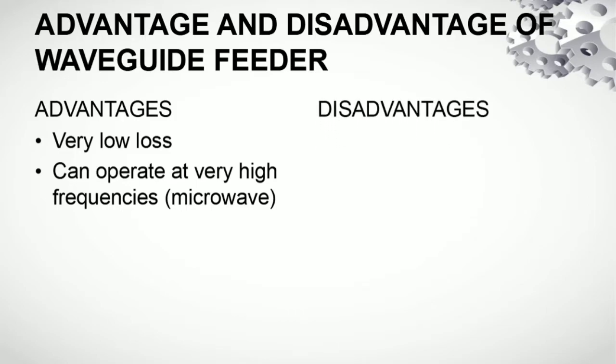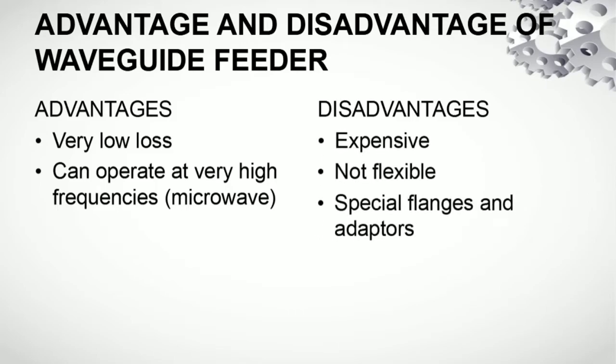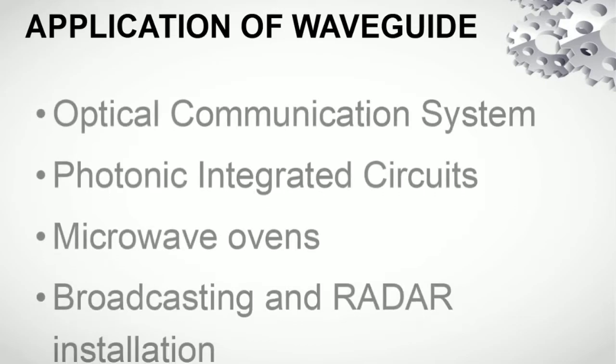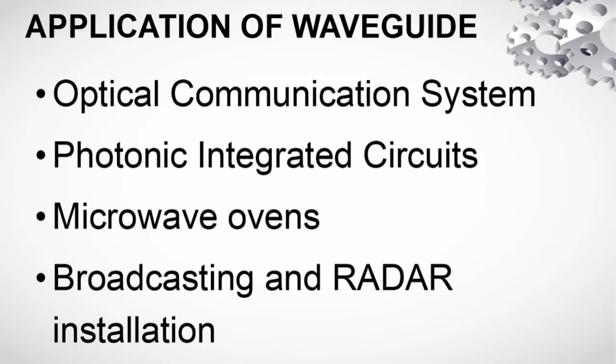For the disadvantages, it is expensive, not flexible, and needs special flanges and adapters. For the applications of waveguide, the first one is the optical communication system. This one is used in optical communication.